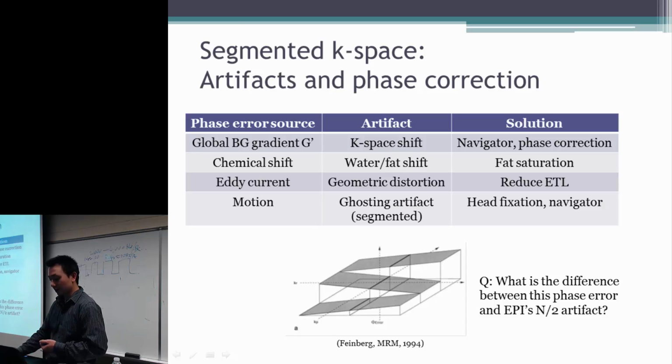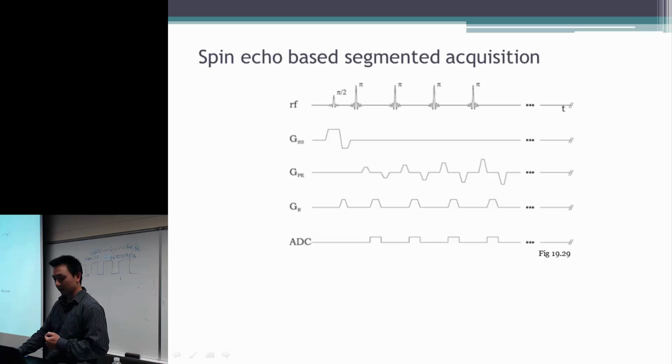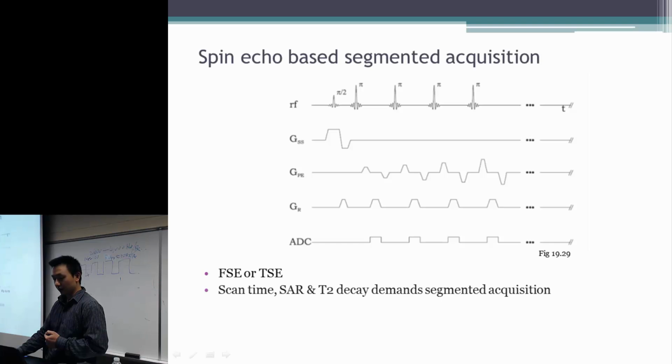So there is a quick question for you. What is the difference between this segmented phase error and EPI's N/2 artifact? So you can think about that.